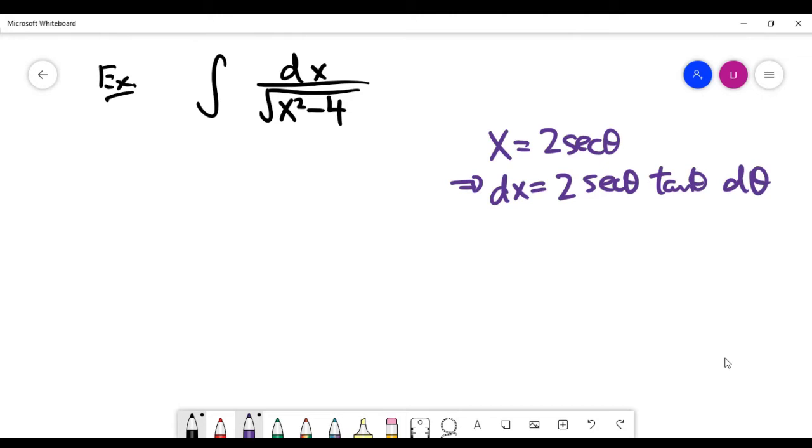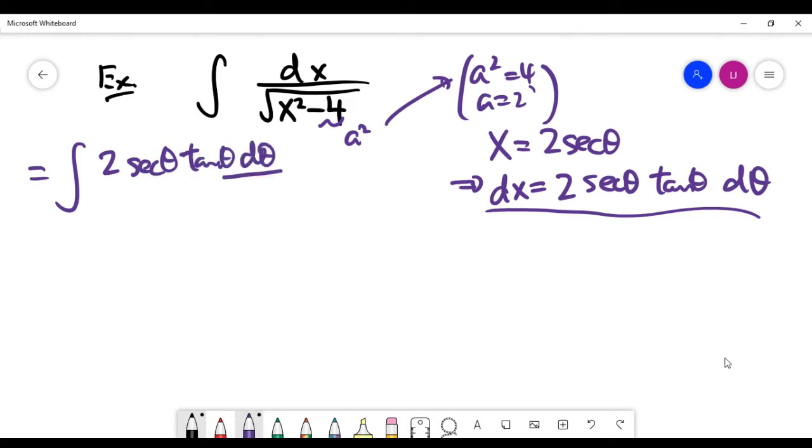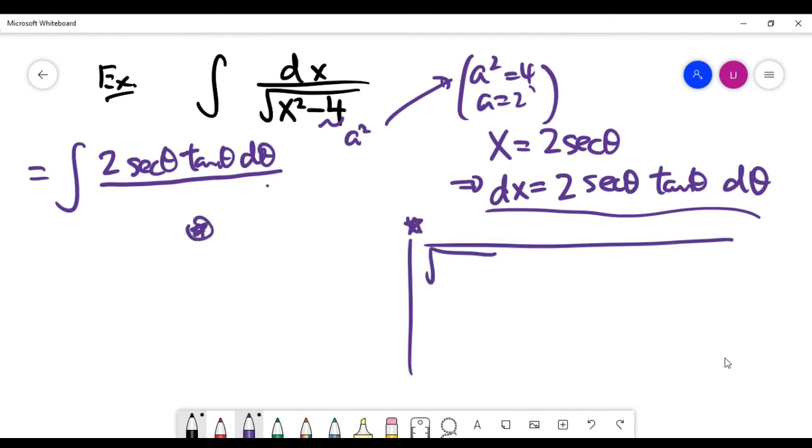Let's look at the left-hand side together. We have to replace everything from variable x to variable theta, and let's do the top first. The top is dx, which is the second line on the right-hand side, so it becomes 2 times secant theta times tangent theta times d theta. In the bottom, it is the square root of x squared minus 4, and similar to the last two videos, we have to express it in terms of theta, and that's the key point here.